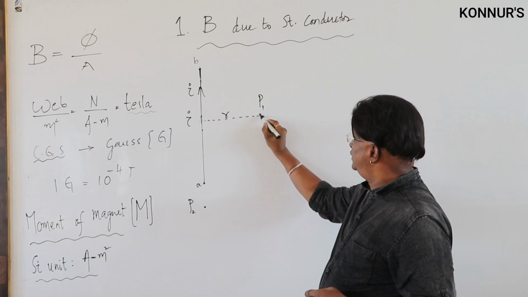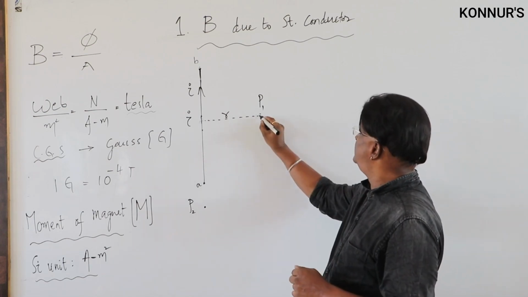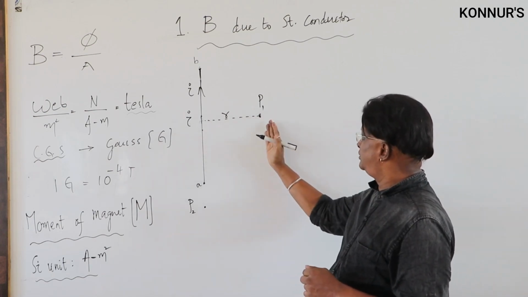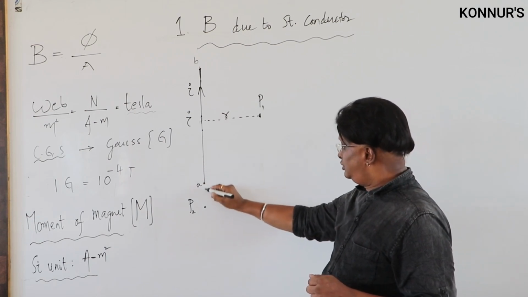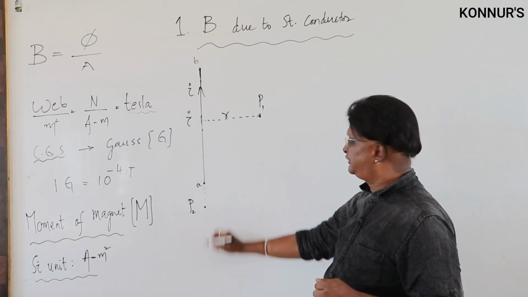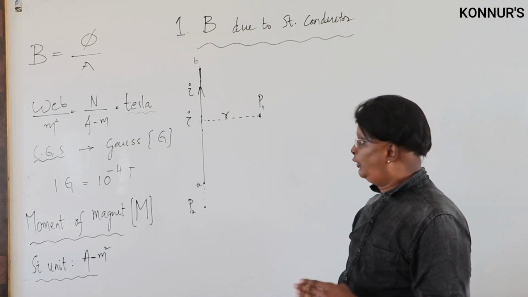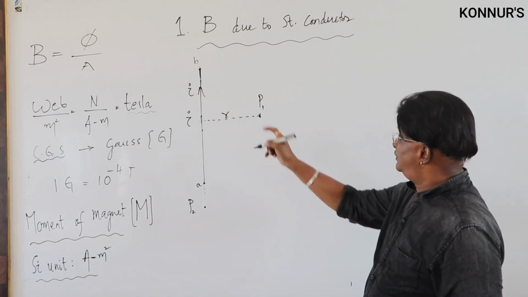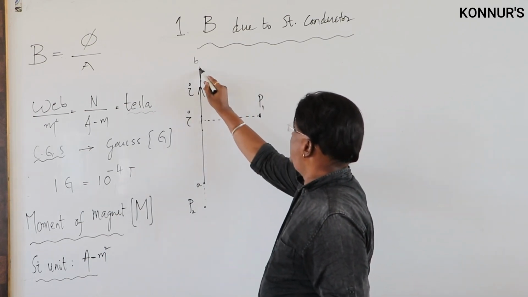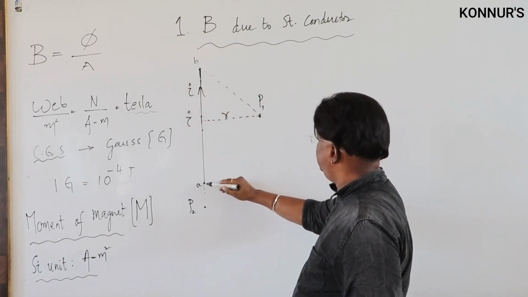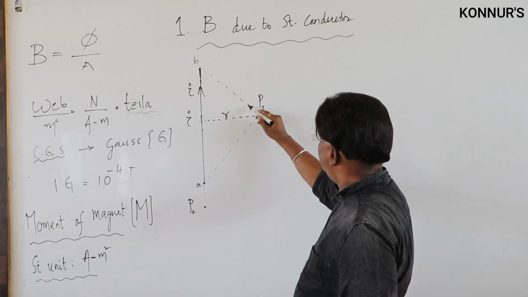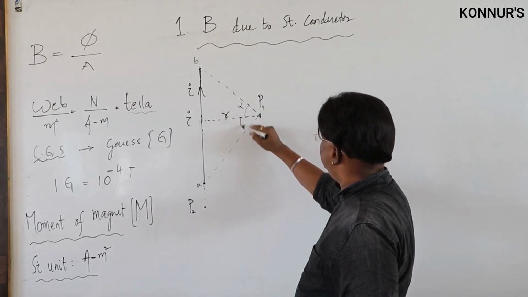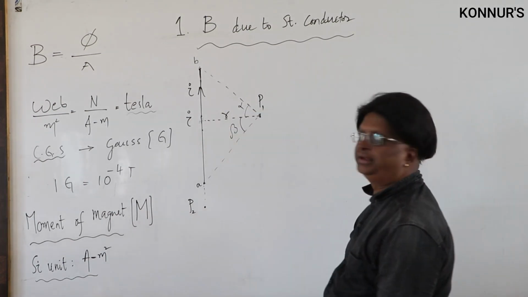Now here I have shown two points. One point is P1, which is the lateral point. P2 is a point along the conductor. Now what is the rule? For this lateral point, at a distance r from the straight conductor, first we have to join the point P from the ends, and you mention these angles as alpha and beta.